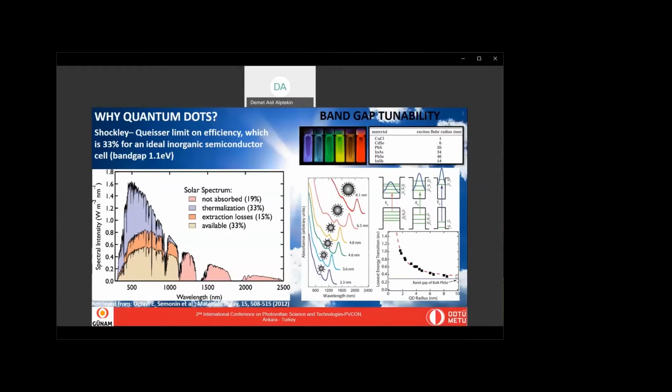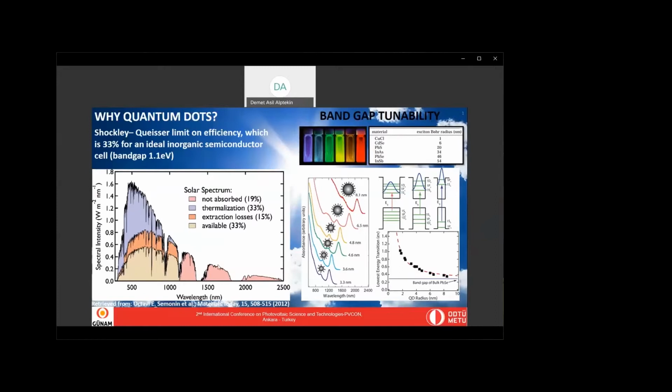If their size is less than 46, basically, due to the quantum confinement effect, their band gap is going to change with their size, and size can be synthetically very easily controlled, which leads to very easy processing. Yeah, they are soluble in most of the organic solvents.